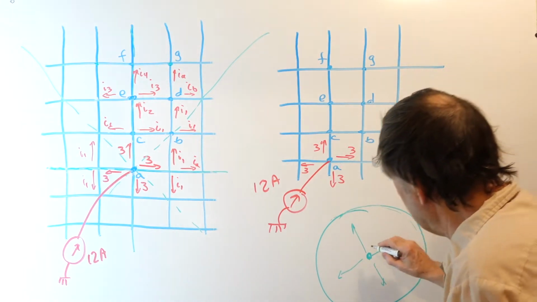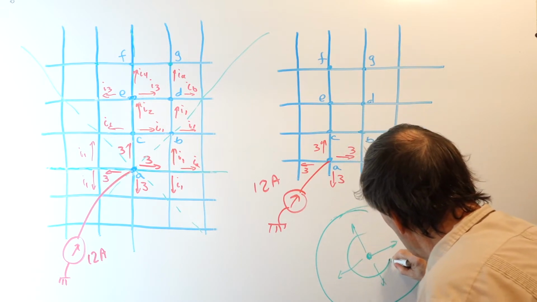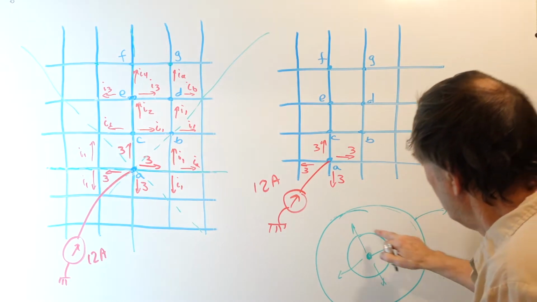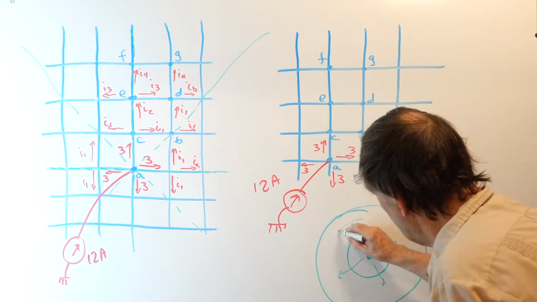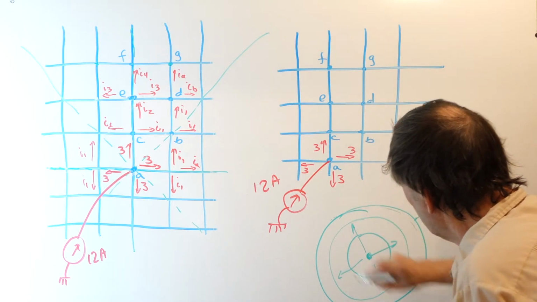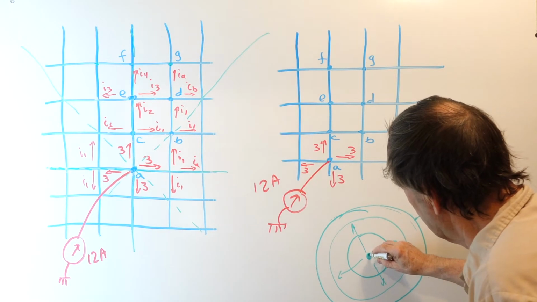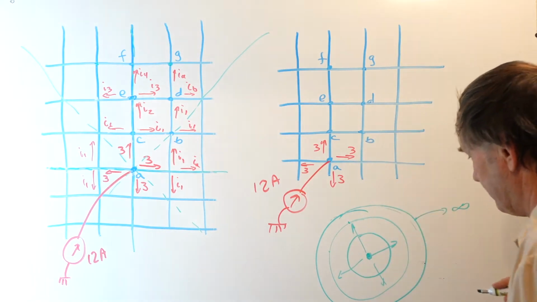Well, at any given distance from the center, any circle centered about the injection point will be at an equal potential. We can easily see that from the symmetry. These circles will all be at the same potential. The potential difference from the injection point to any point on this perimeter will be the same.